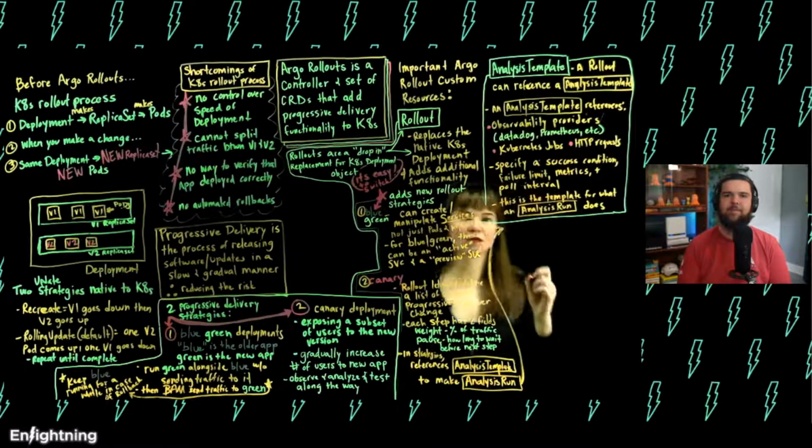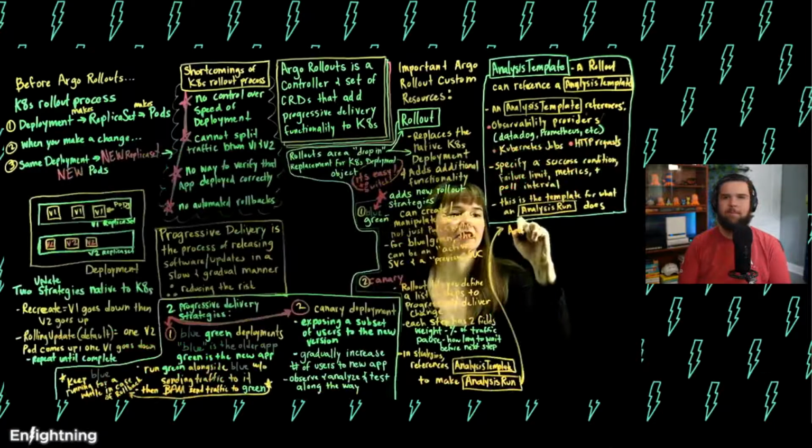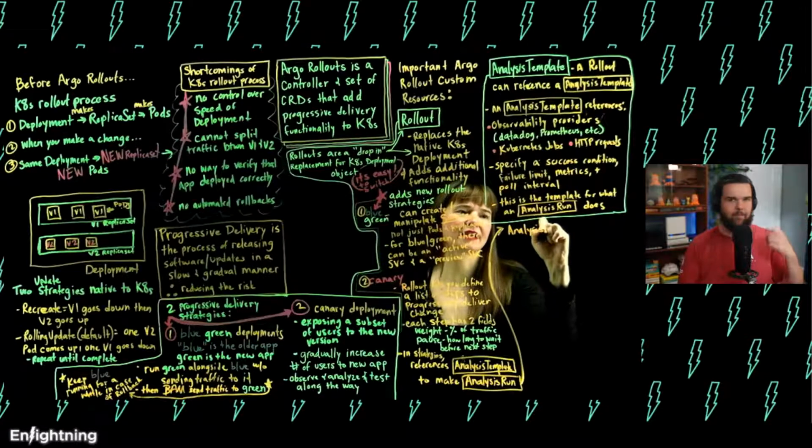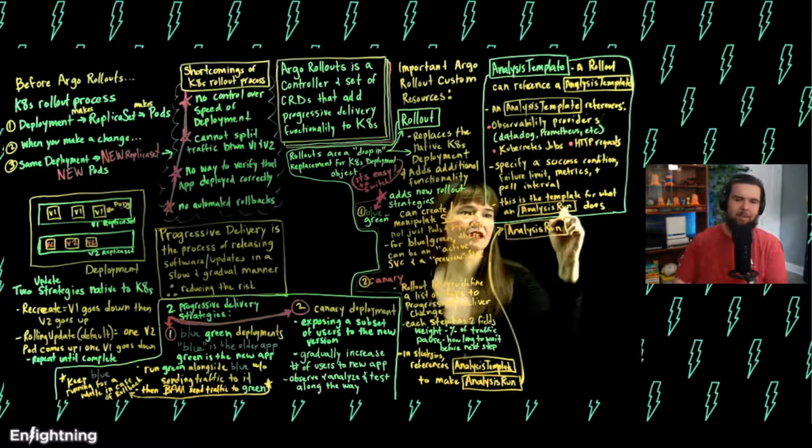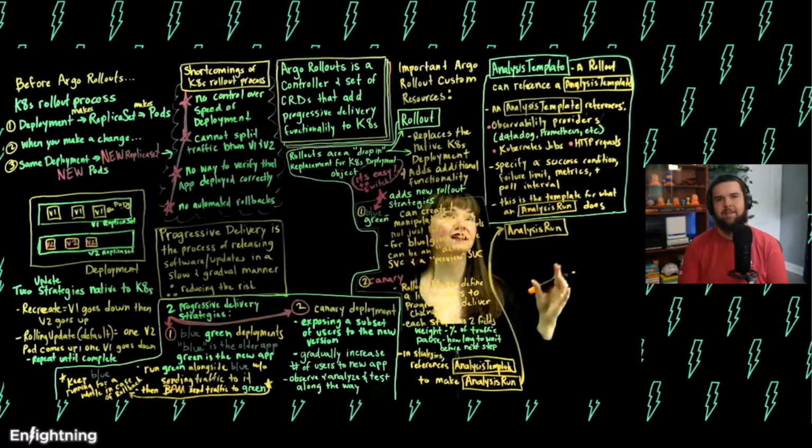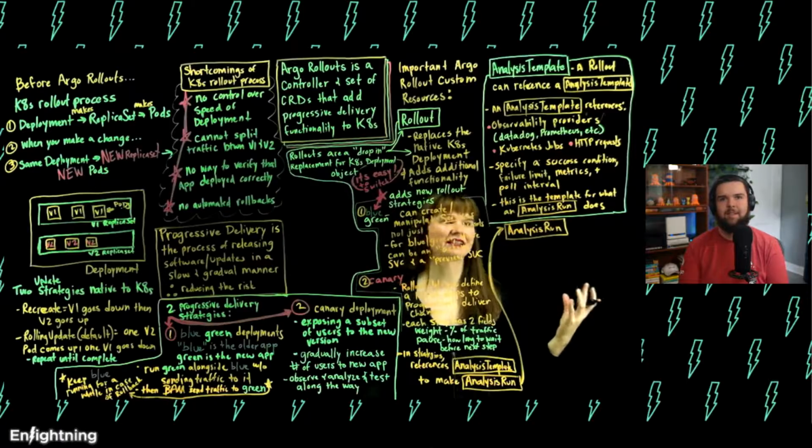Analysis run. An analysis run is a custom resource, right? Correct. It's a separate resource. Almost like analysis template is a class and analysis run is an instance.